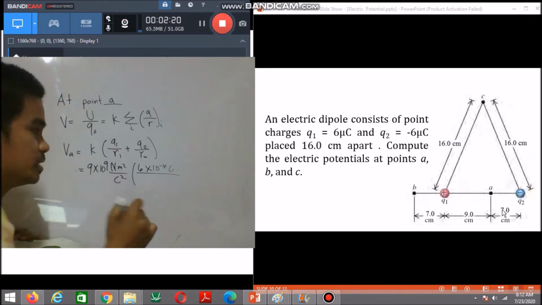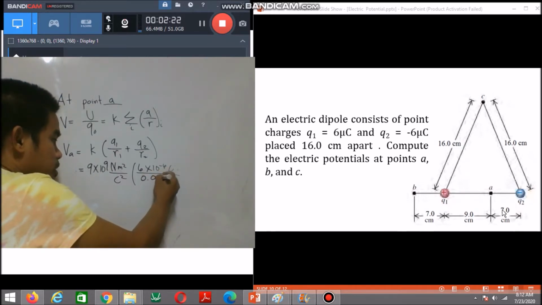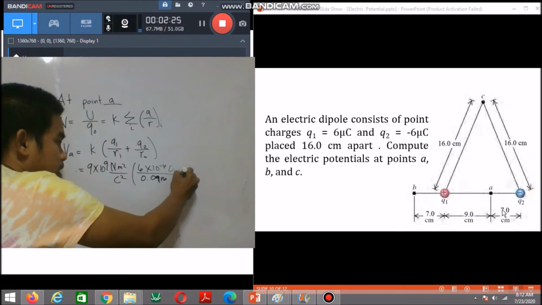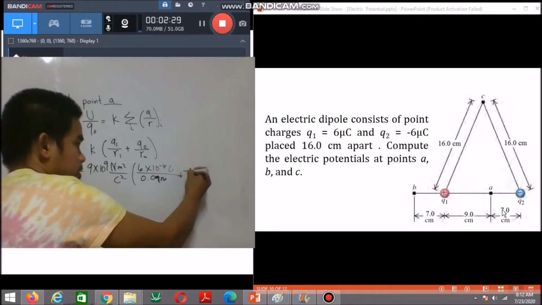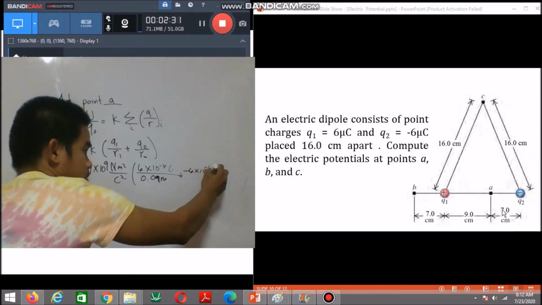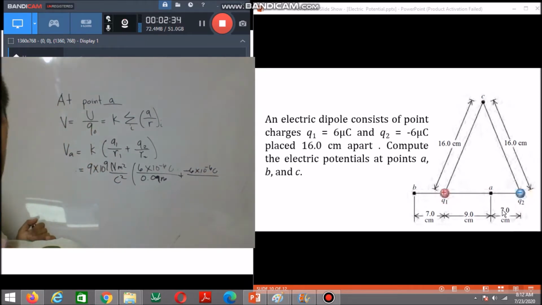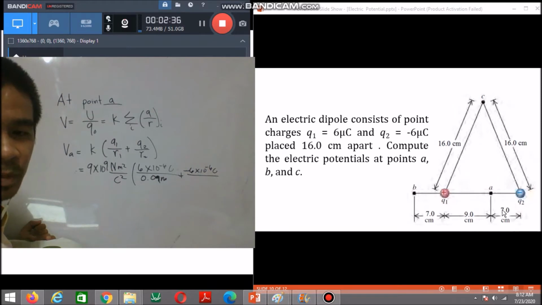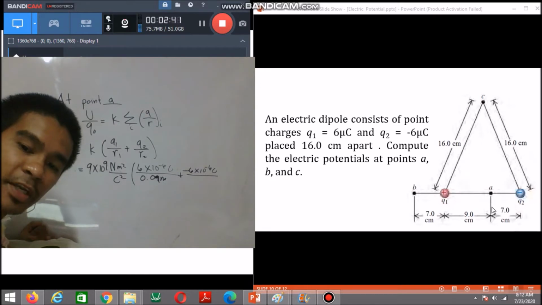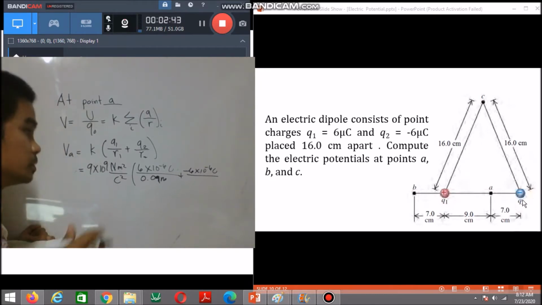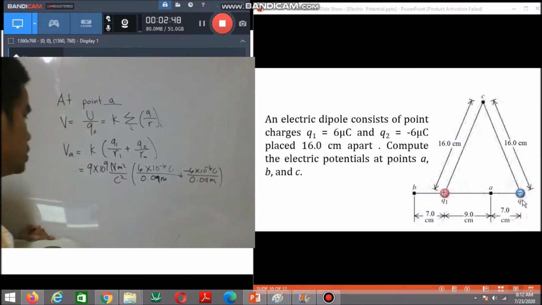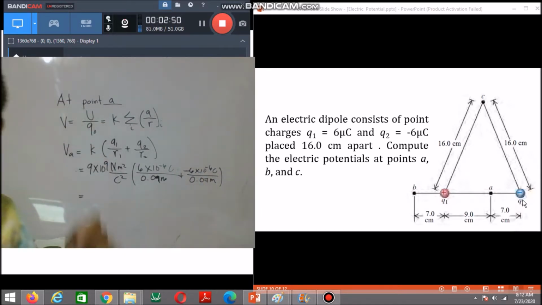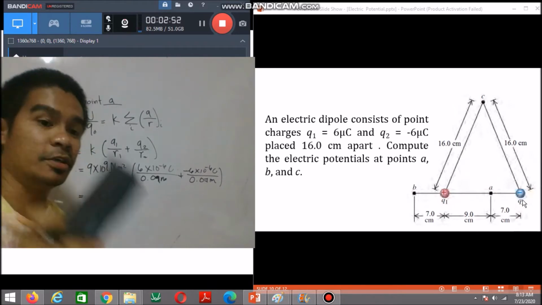That is 9 centimeter, so that's 0.09 meters, plus Q2, negative 6 times 10 to negative 6 coulomb, over R2, how far A is from Q2. As you can see in the figure, point A is 7 centimeter from Q2, so that's 0.07 meters.